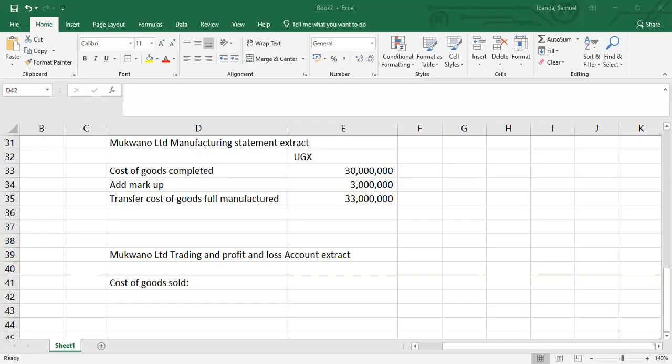Then we shall be able to less our closing stock, and then proceed to determine our gross profit, which we cannot determine, and then add the factory profit, and then less any increase or decrease in provision. So basically that is what we are going to do right here.